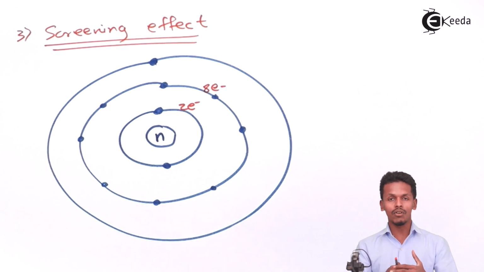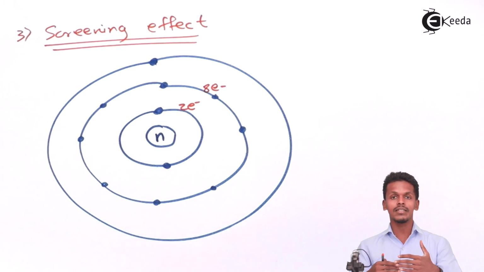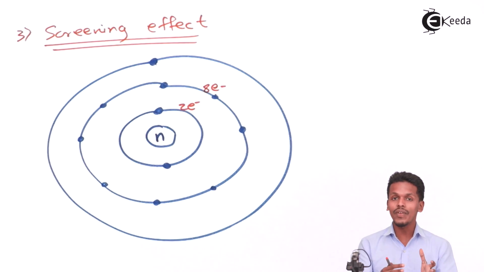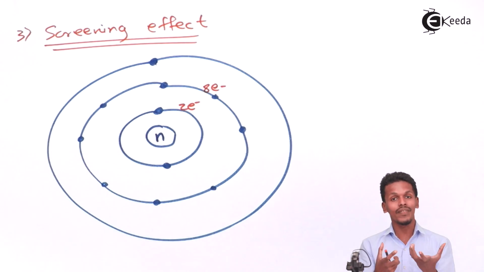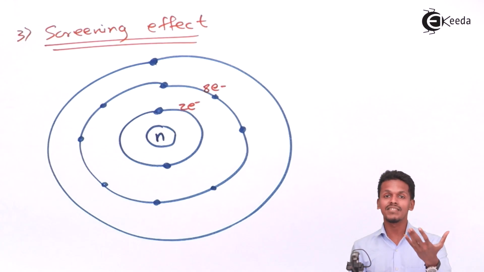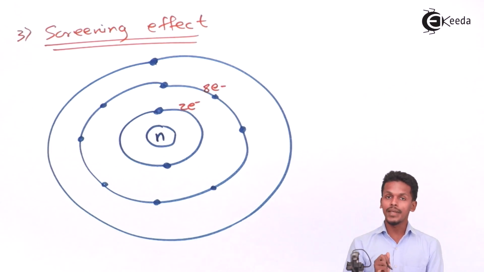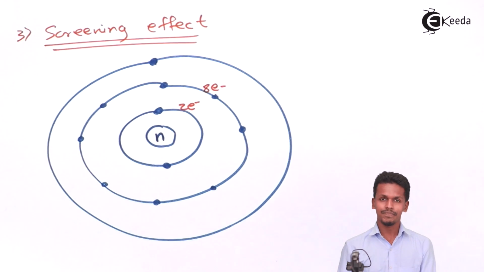Because they are shielding it, or preventing the force of attraction of the nucleus with the outermost electron, this kind of effect shown by the inner electrons of an atom is known as screening effect.